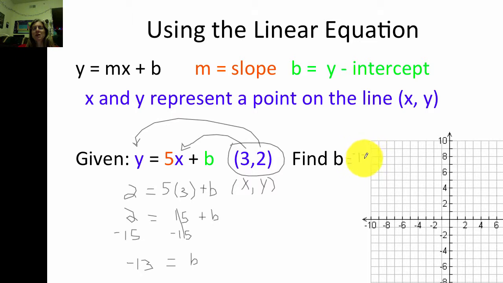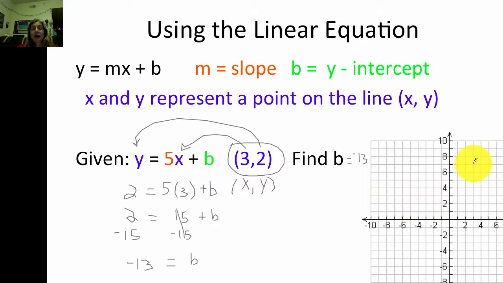So what does that mean? Our y-intercept is a point on the line where our line crosses the y-axis.